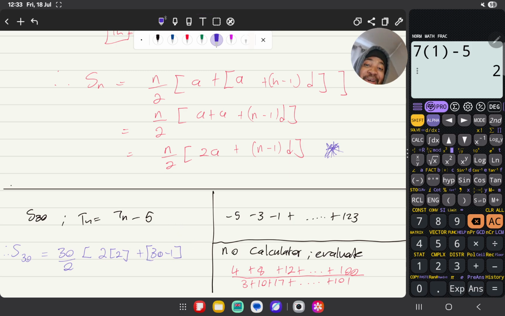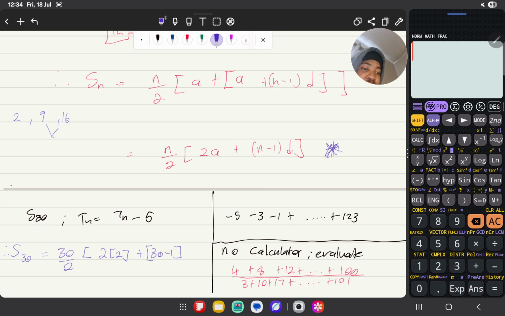Common difference, remember, where do we find it? We find it here, right? This is the common difference. Just to make sure that you guys are happy, we have 7 minus 5, 1 we get 2, 2 we get 9, 3 we get 16, right?